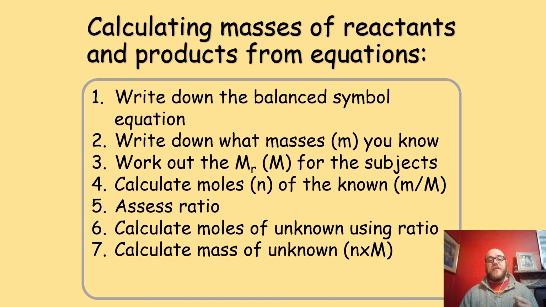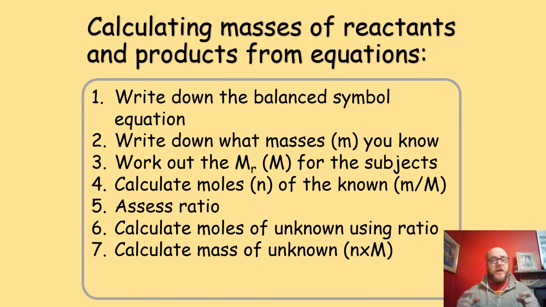Okay, so the use of the conservation of mass law allows us to be able to calculate the masses of reactants and products from equations. Whenever you're given a question that says something like, how much oxygen is required to make 32 grams of water, you will be required to write a balanced symbol equation to start with.